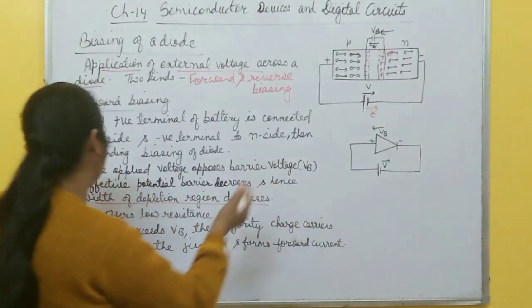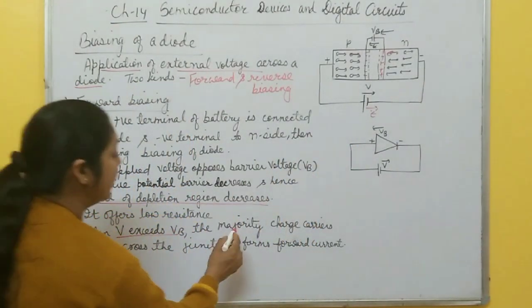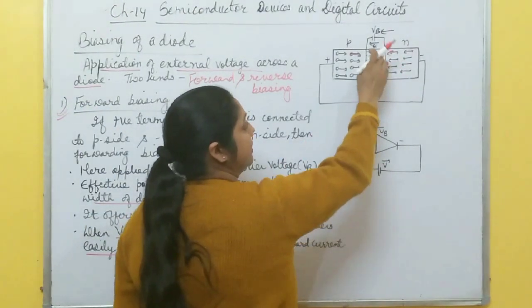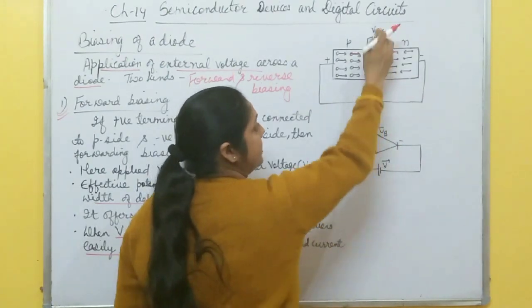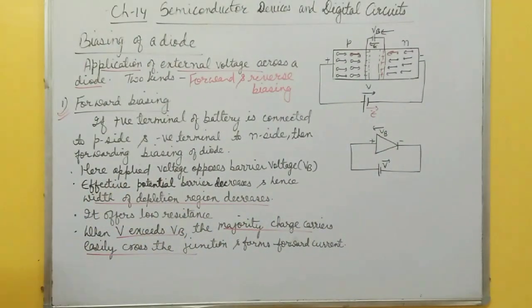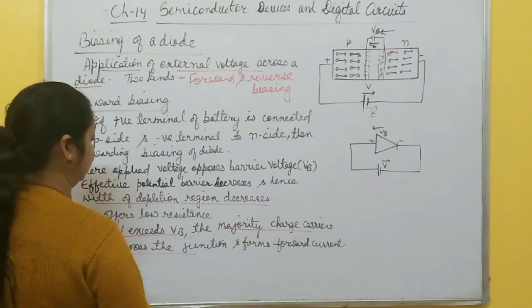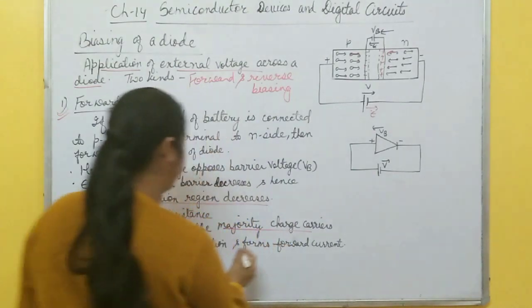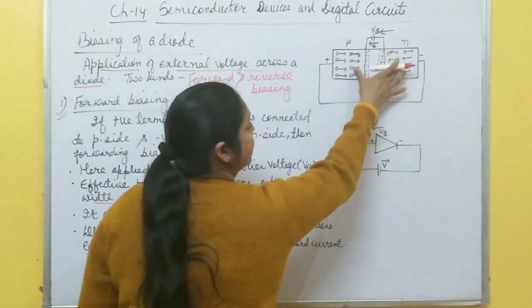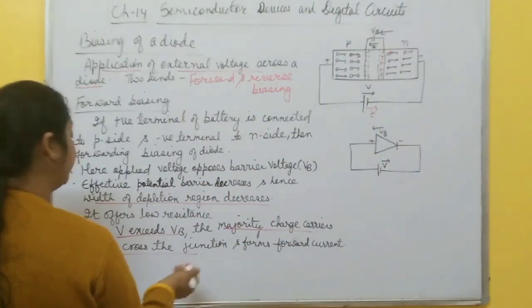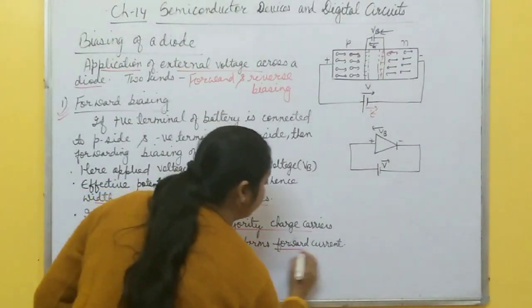When the voltage V exceeds the barrier voltage, the majority charge carriers easily cross the junction and form current. That current is called forward current.